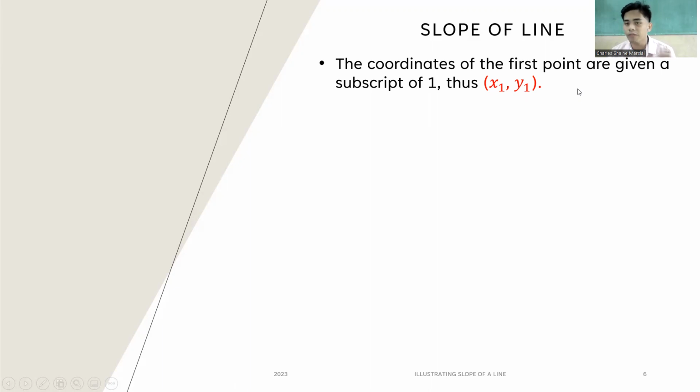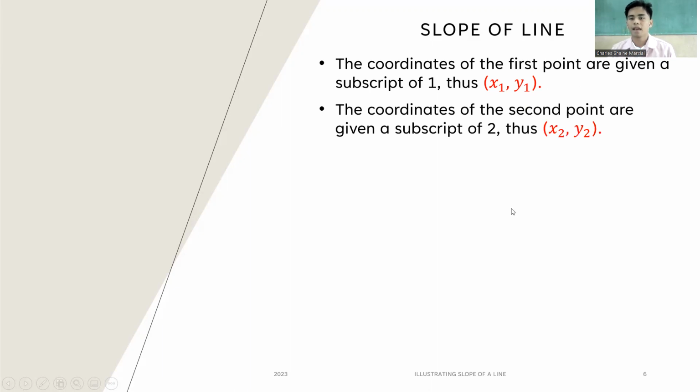So, kaya nga sinabi natin first point, kapag ililabel natin siya, ang tawag sa kanya is x sub 1 and y sub 1. And the coordinates of the second point are of course given a subscript of 2. So, yung makikita natin na point for the second point is x sub 2 and y sub 2.